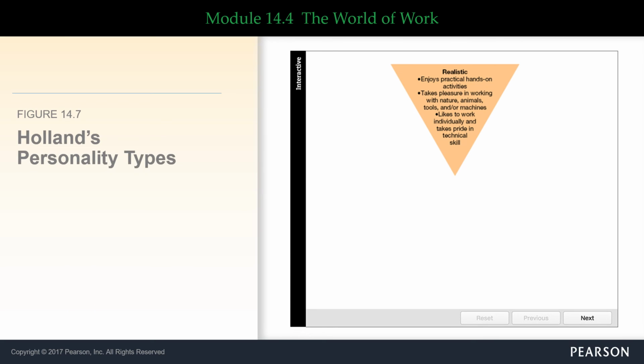So a researcher came up with some personality types in regards to occupations that might be selected. And so the first one that he came up with is realistic, and this is Holland. A realistic personality type enjoys practical hands-on activities.